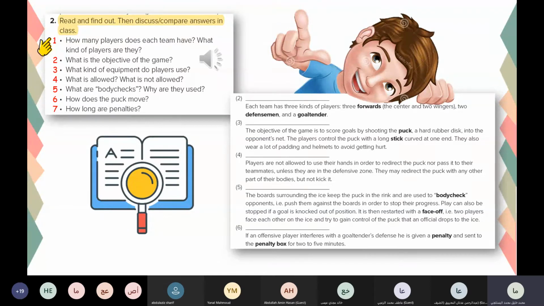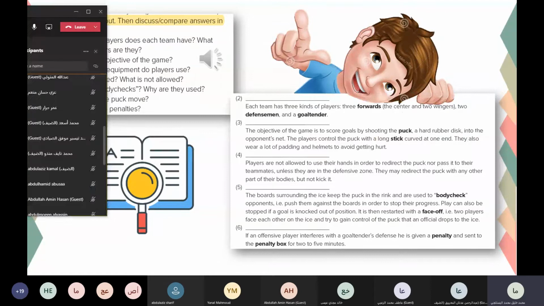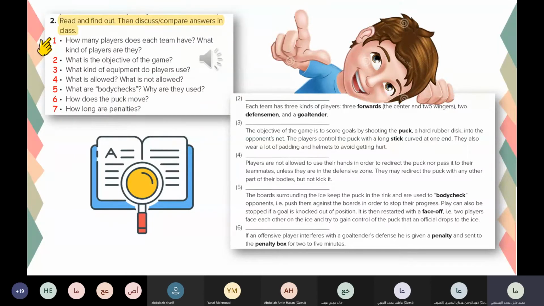The players control the puck with a long stick curved at one end. They also wear a lot of padding and helmets to avoid getting hurt. 4. Players are not allowed to use their hands in order to redirect the puck or pass it to their teammates unless they are in the defensive zone. They may redirect the puck with any other part of their bodies, but not kick it.